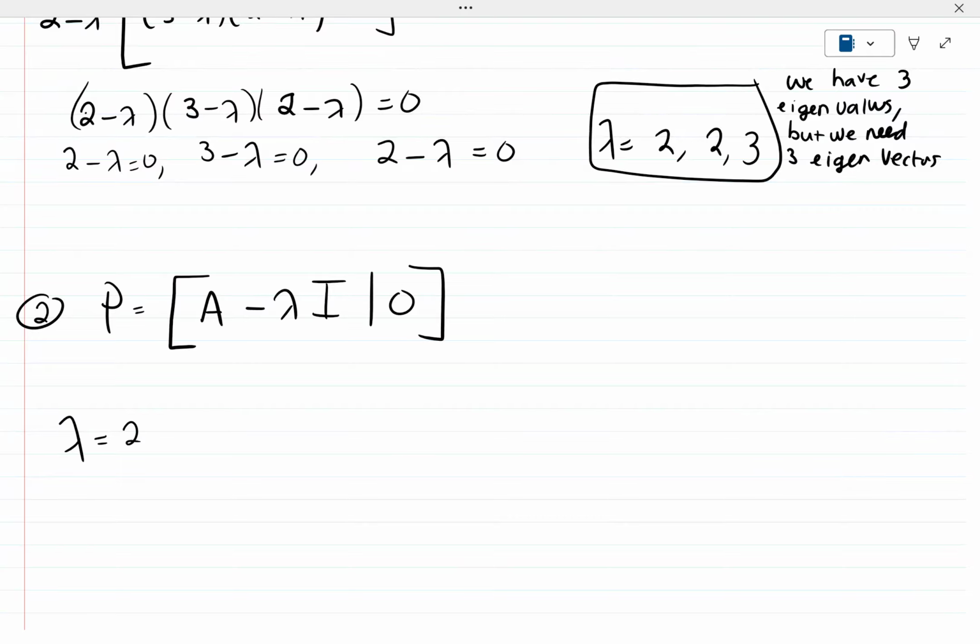So 2 minus 2 is 0. It's really saying 2 minus lambda, 0, 0, 1 half, 3 minus lambda, 1, 0, 0, 2 minus lambda, augmented with 0.